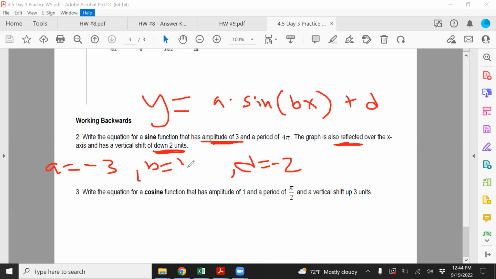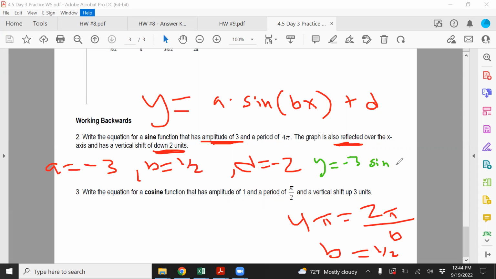Period is 4 pi. Solve for B, you will get 1/2 if you solve algebraically. Done. Y equals -3 sine of half x, minus 2.